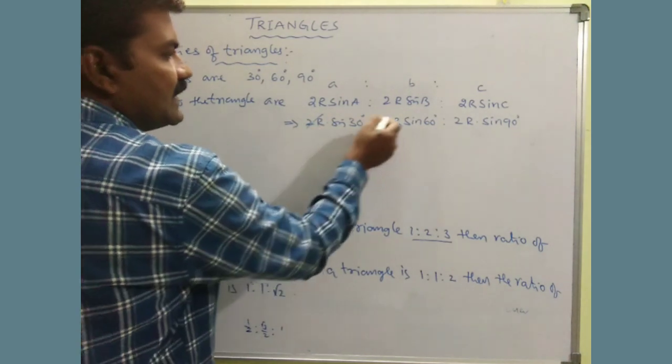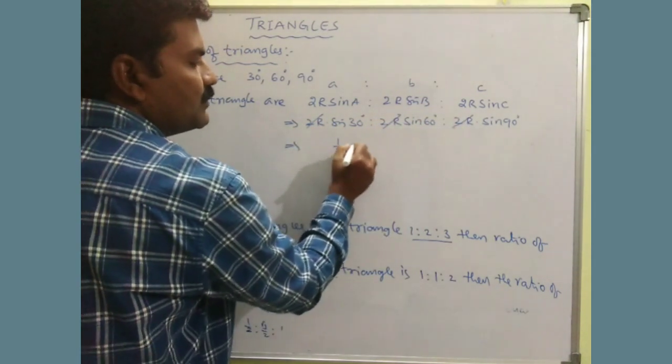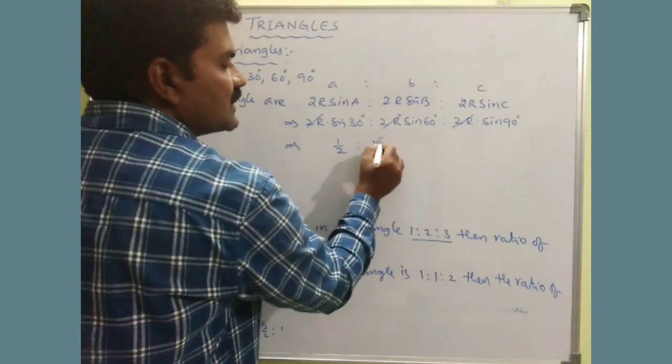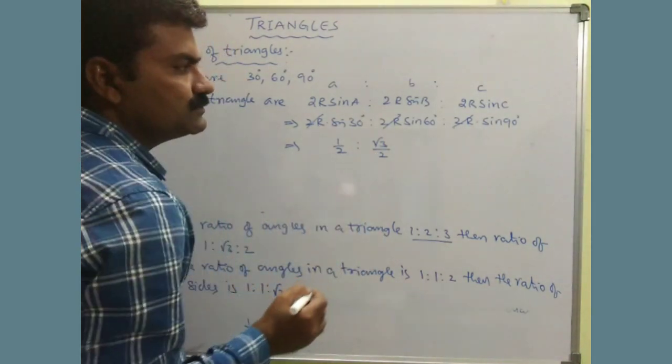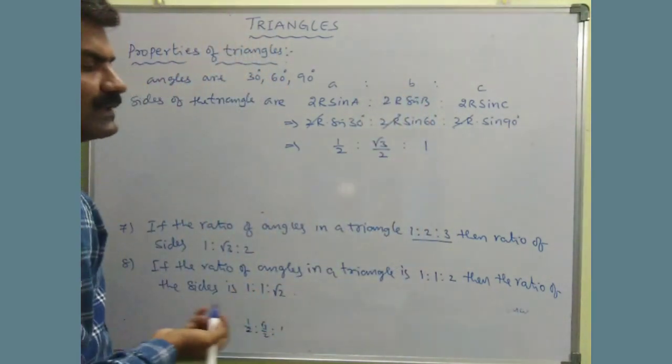First of all I can cancel 2r everywhere, and the value of sine 30 is 1/2, is to sine 60, √3/2, is to sine 90, which is equal to 1.